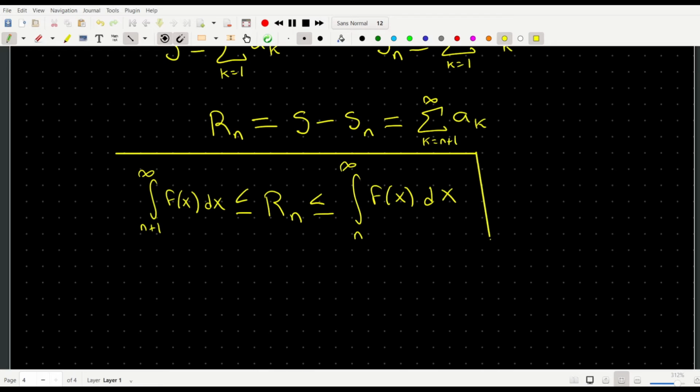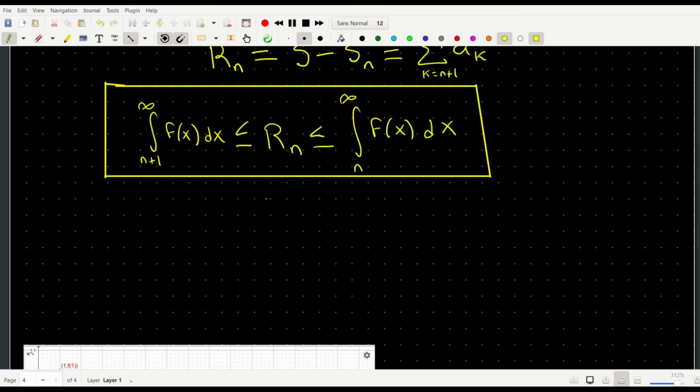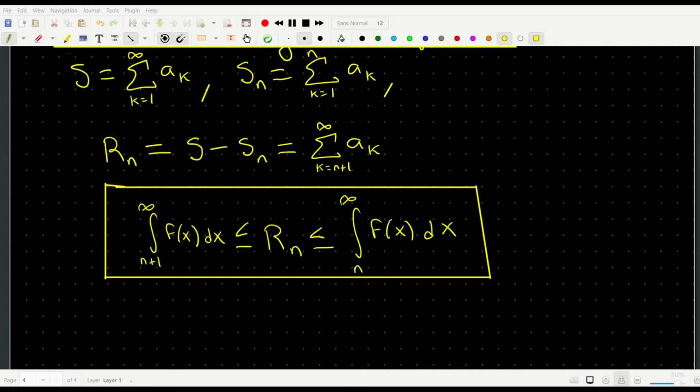And this is the main result that we have for the remainder. It's important for me to emphasize that this function f is the function that is determining these a_k's.